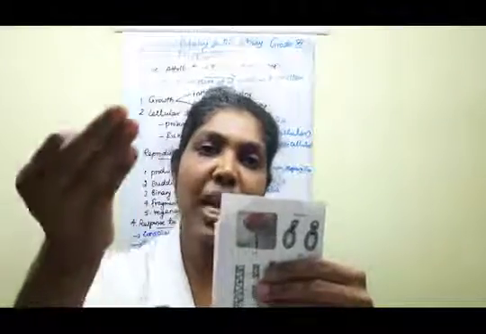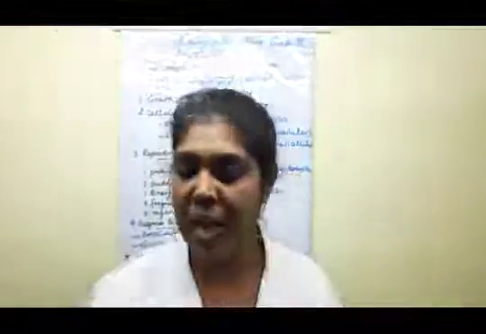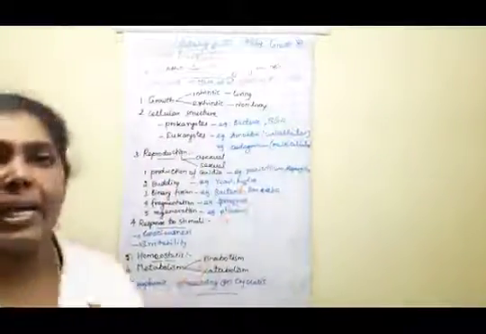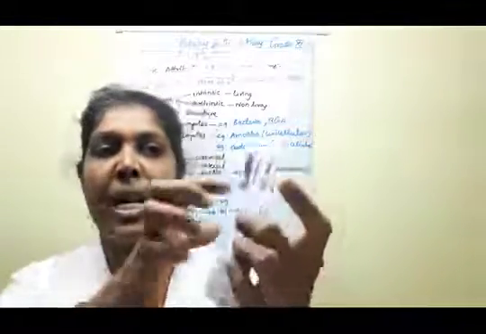Clear children? This is the budding method of asexual reproduction. Understood? Say yes or no? Good examples of budding are yeast and Hydra. Clear children?